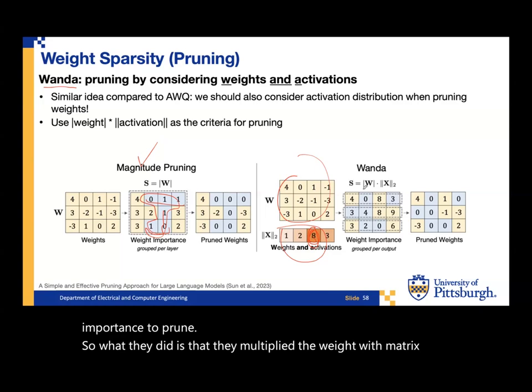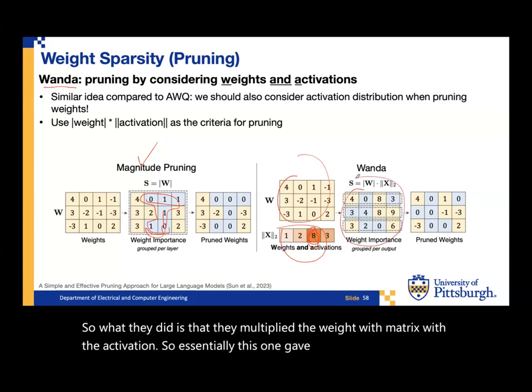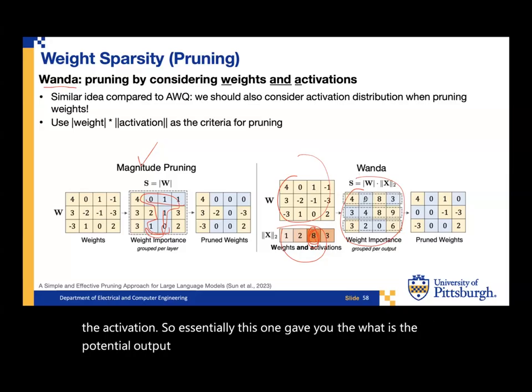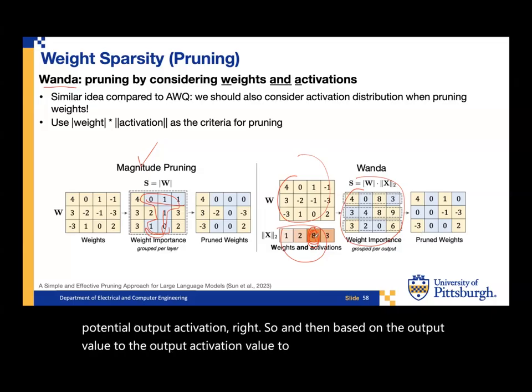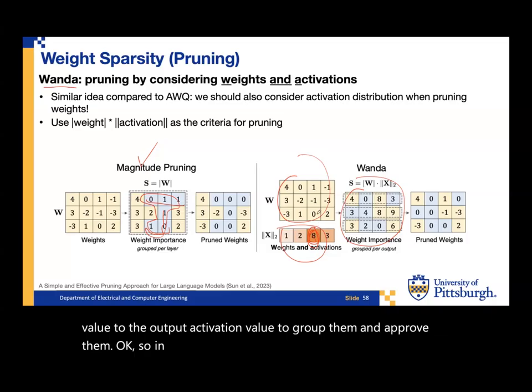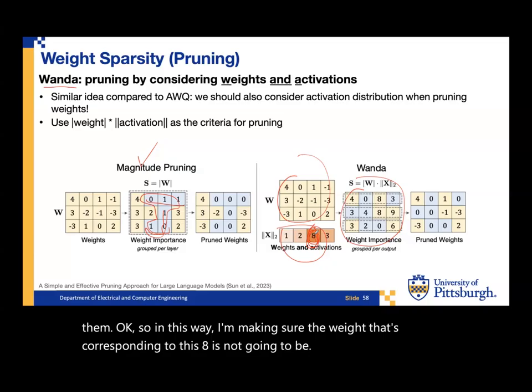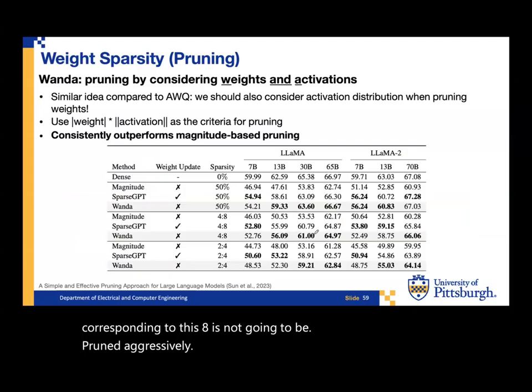Essentially, this gives you the potential output activation, right? Then based on the output activation value, they group them and prune them. In this way, I'm making sure the weight that corresponds to this 8 is not going to be pruned aggressively. Right.